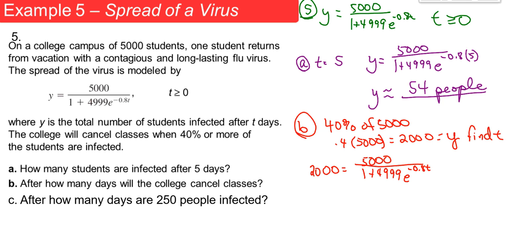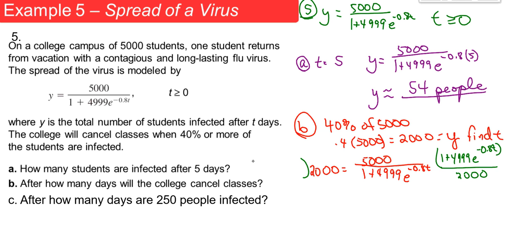So I'm going to multiply by 1 plus 4,999 e to the negative 0.8t, and at the same time, I'm going to divide by 2,000. And you'll see what happens there.